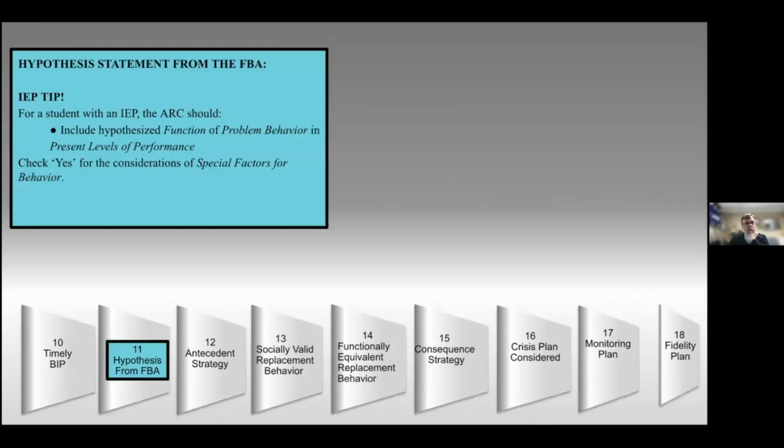So the first thing that we want to do is bring the hypothesis statement from the FBA completely across from step 8 of your FBA. And the behavior intervention plan must directly reflect the defined behavior and hypothesis, because if we have a hypothesis of the student is making loud remarks and using profanity to escape work, and then we use a behavior intervention plan to increase the amount of time the student's on task, well, the function of the behavior was to avoid the task.